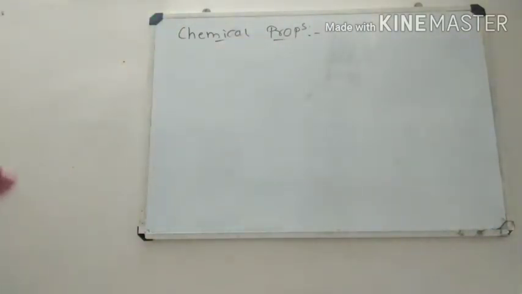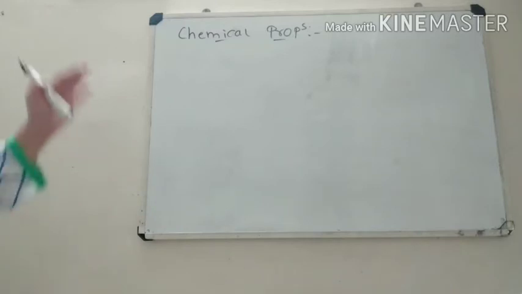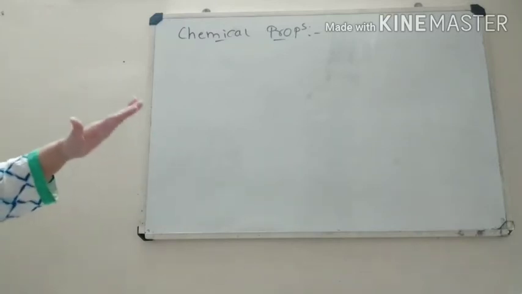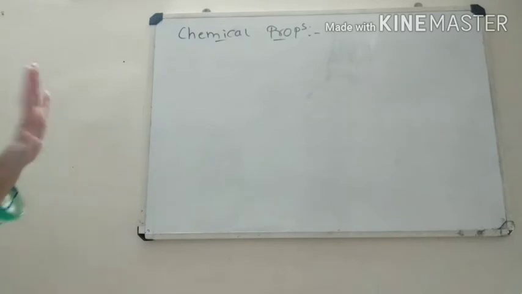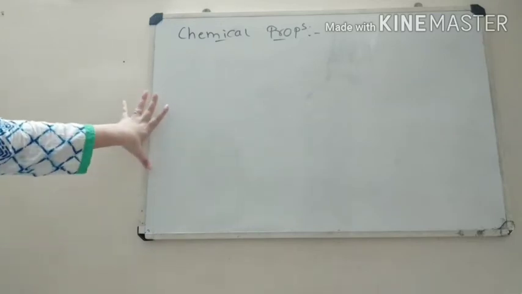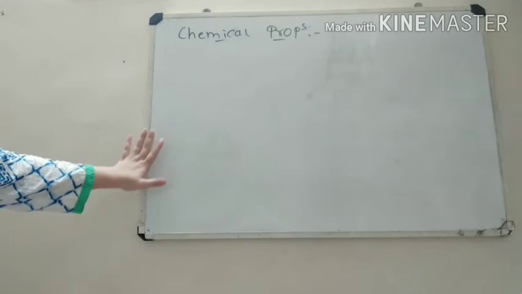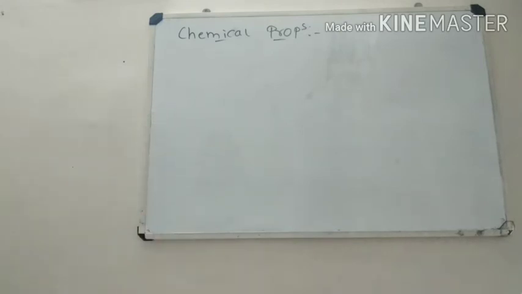Now in this, the first one is the laboratory tests for aldehyde and ketone. Whatever we will do today is concerned with the practical, so focus on this for practical purposes. No doubt, it is not only for the practical, but for the theory also.